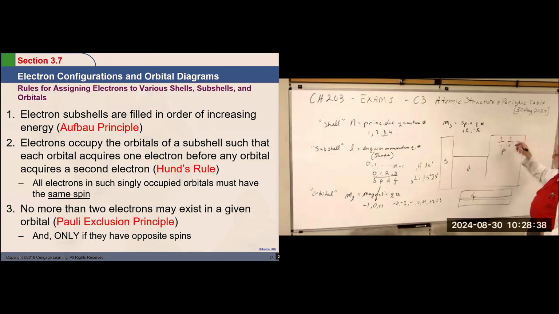And say you need another one, right? You add another electron. You add another electron. You got to put at least 1 in each one of those orbitals before you can go back and pair them up, right? So this is +1/2. That would be -1/2. And then you go to the next element. You need another electron. That's where they go. That's Hund's rule. You have to spread them out, right? It just makes sense, right? Electrons are negatively charged. You want to keep them separated from each other until you have to put them together because they're repulsive, being the same charge.